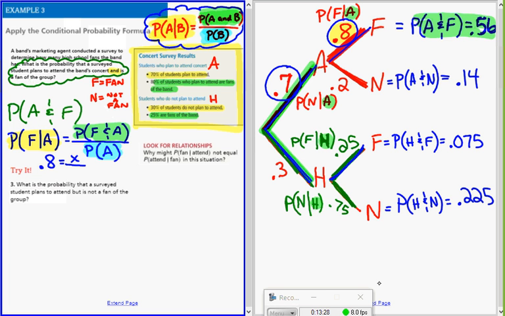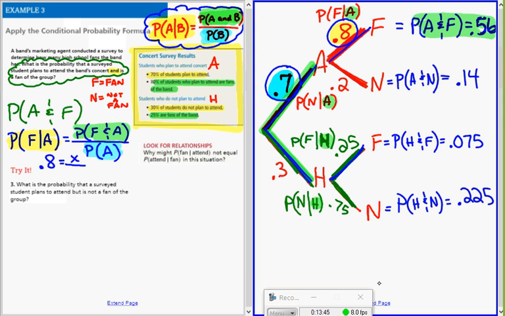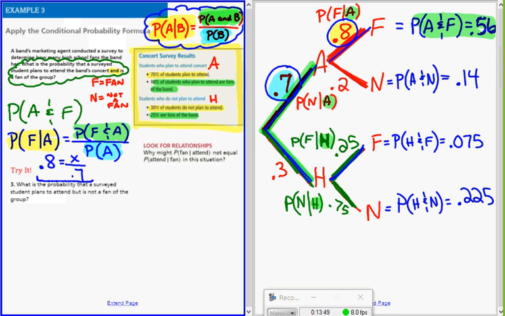I use different letters because it's a different situation. A and B are just generic letters. You can change them to whatever you want. I'm using F for fan, A for attending, H for home, N for not a fan. In any event, this 0.7 right here would have been the probability of attending. Now look at this. Does it make sense when you see a problem like this?